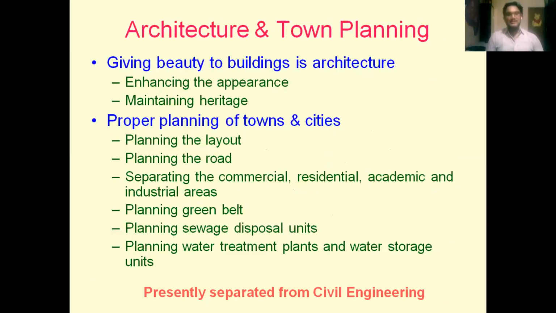Giving beauty to buildings is the duty of an architect, who enhances the appearance of the structure and maintains a proper heritage as well. Just giving appearance is not a big deal, but maintaining proper heritage and the proper needs of the public is very important.